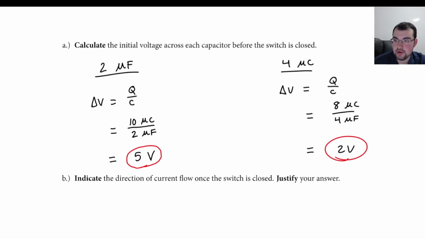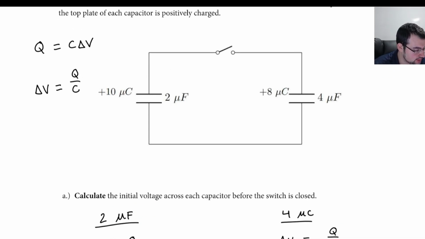So this actually proves that this is not in equilibrium, and that something is going to happen when we close the switch. Because there's 5 volts across the 2 microfarad, and there's 2 volts across the 4. So this essentially means we got a big battery trying to push this way, because that's a big potential difference.